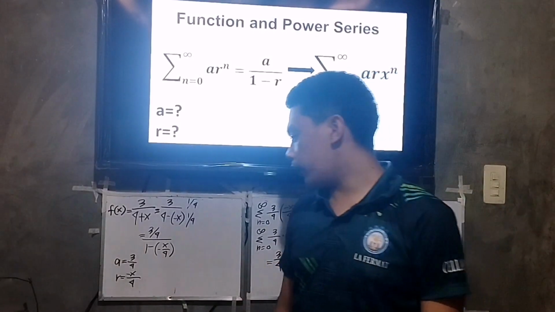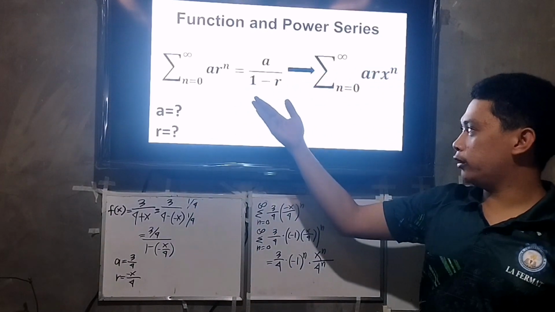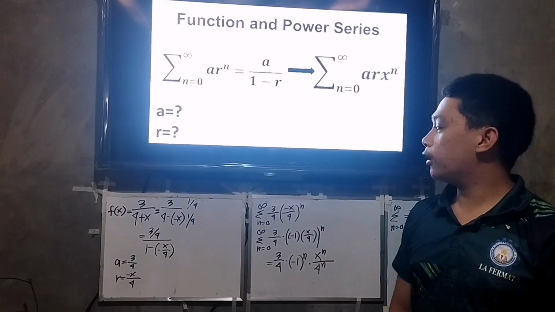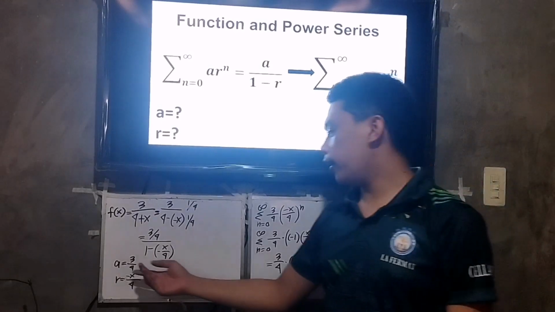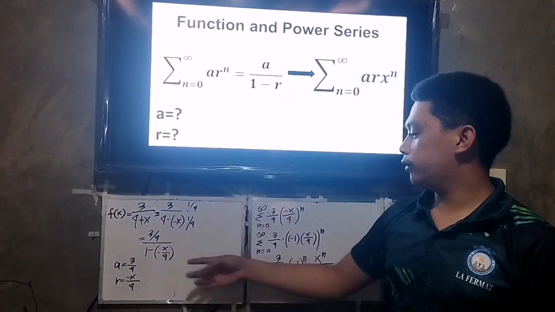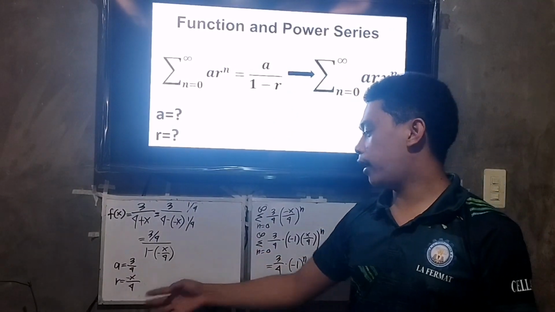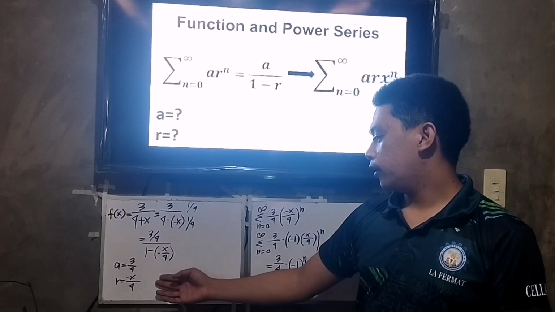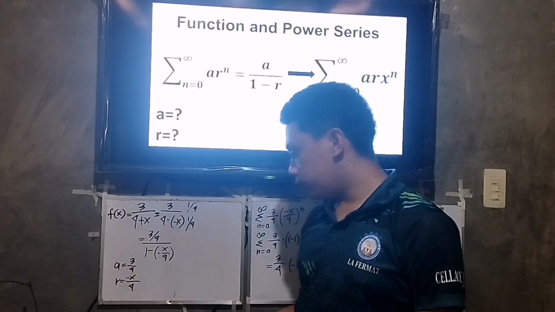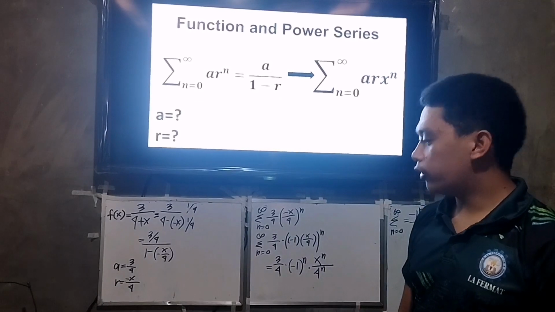So, since we got the formation, we identify the a and the r. So our a is 3 over 4 and r is negative x over 4.